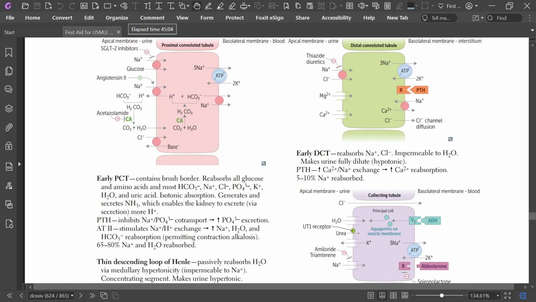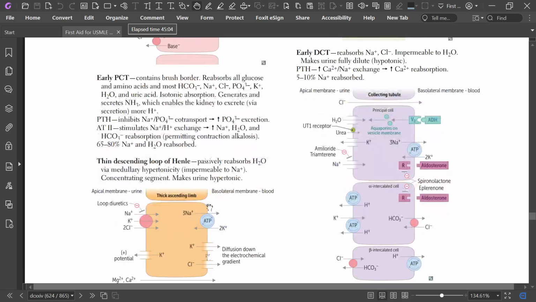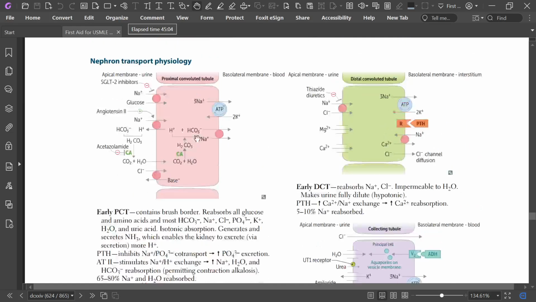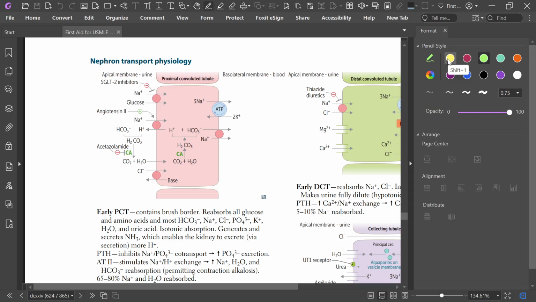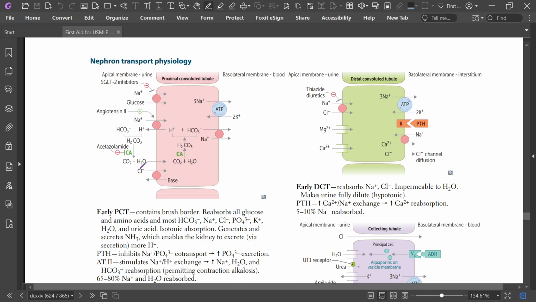The proximal convoluted tubule contains the brush border and reabsorbs everything, like glucose, amino acids, most bicarbonate, chloride, phosphate, potassium, uric acid.